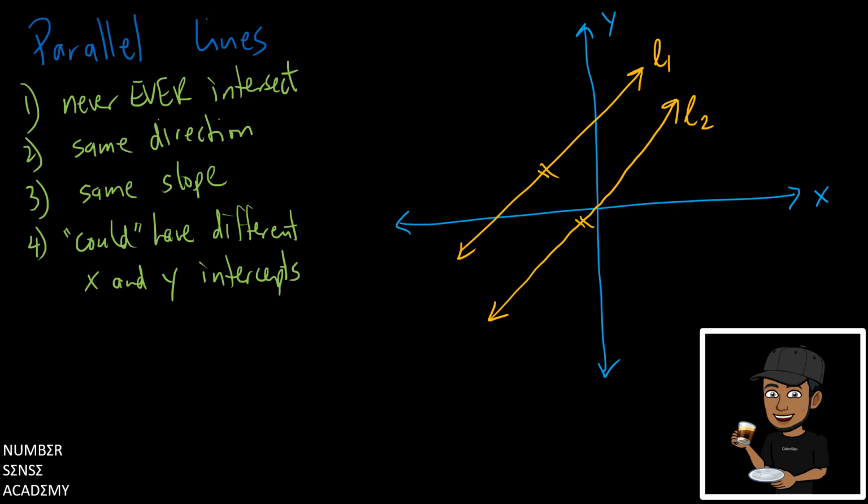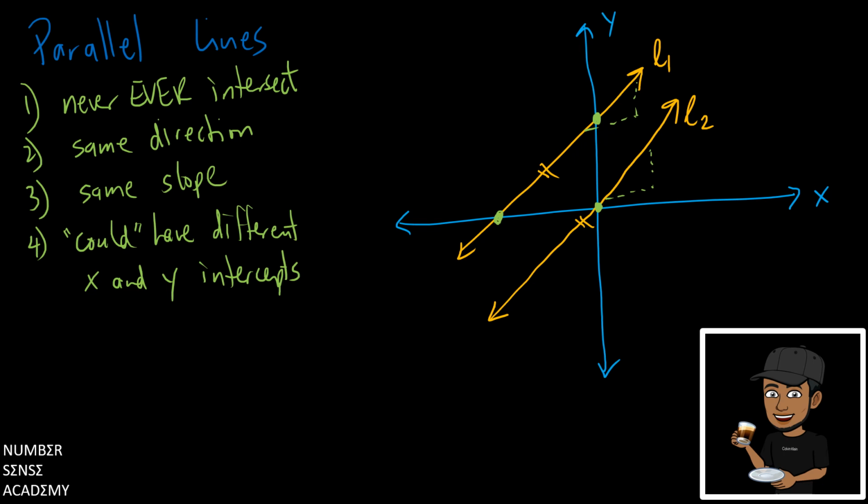They'll never touch, but their slopes are the same. But they intersect the x and y axes at different points. This one's cutting the x and y axes at the origin, so it's hitting both at the same time. This one's cutting the x and y axes at different points.